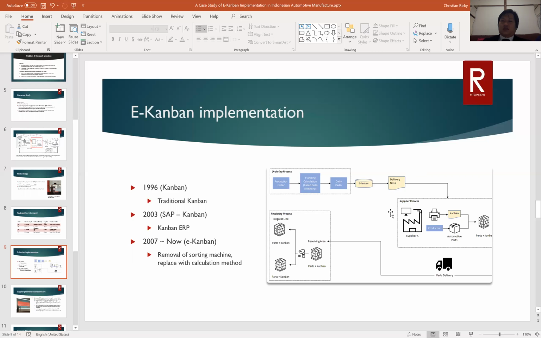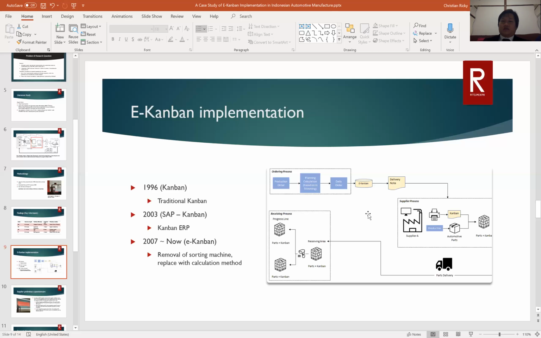The sorting machine is very costly, so they changed the way of ordering from the sorting machine to using a calculation process. The calculation process itself changed: in Kanban, they calculate the order after the production, but in this way they changed it to before the production, in the trimming process.